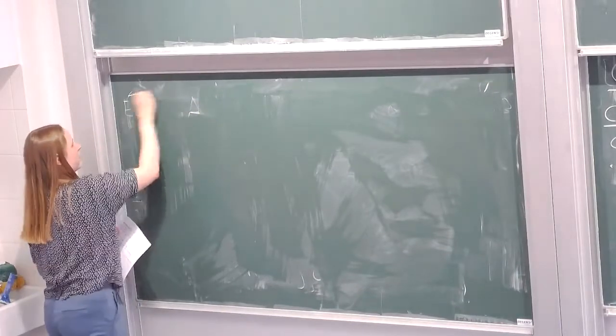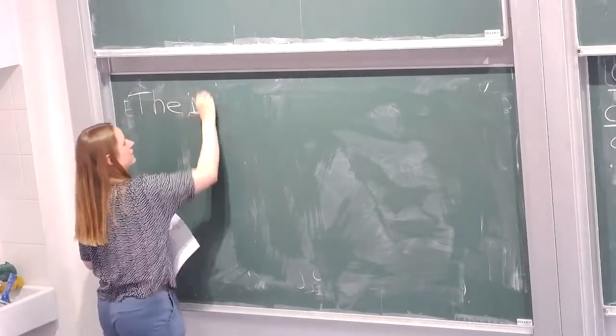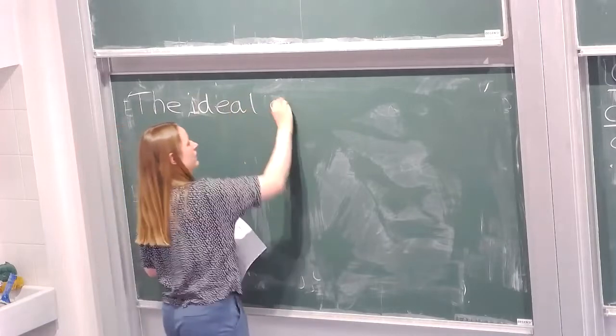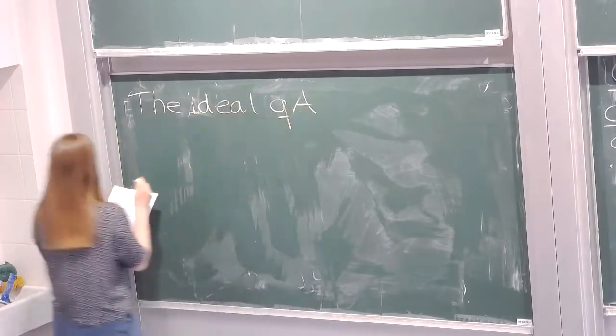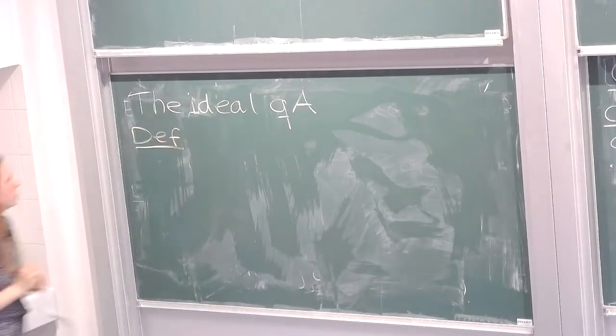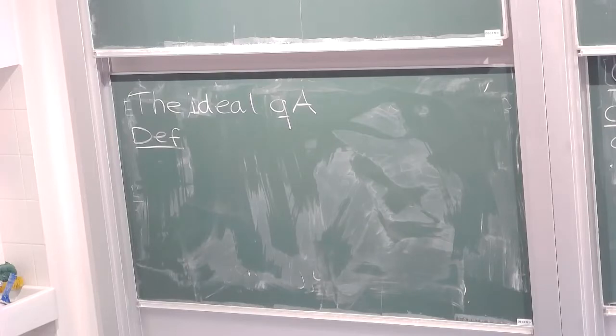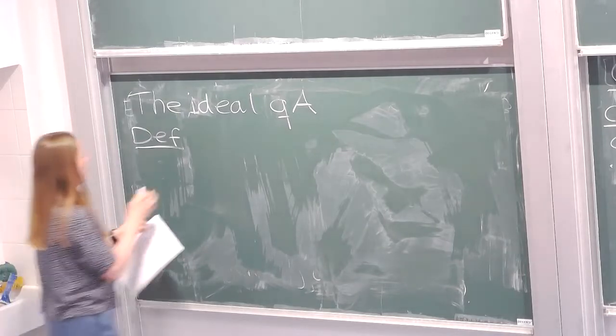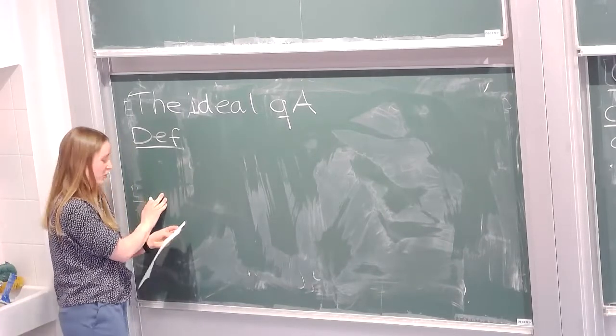Okay, so let's look at the ideal QA. I said this is an ideal in the free product of the C*-algebra A with itself. So let me first give you the definition of the free product.